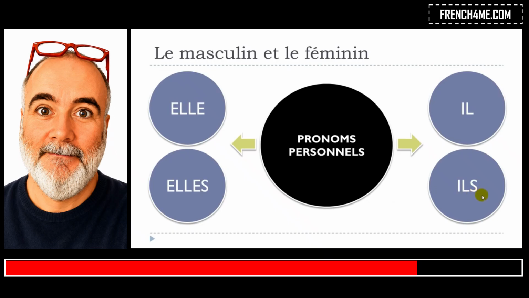So if you look carefully, the only difference between the singular and the plural, it's this final S here. Same thing here between il and ils, it's the final S. And if you listen carefully, basically you don't have any differences, so it's elle and elles, il and ils.